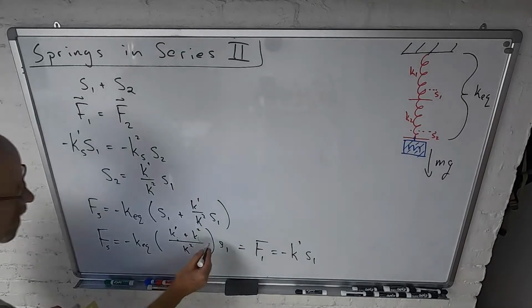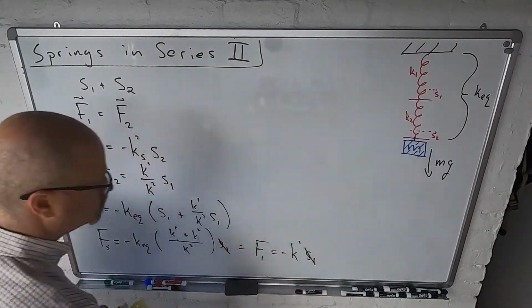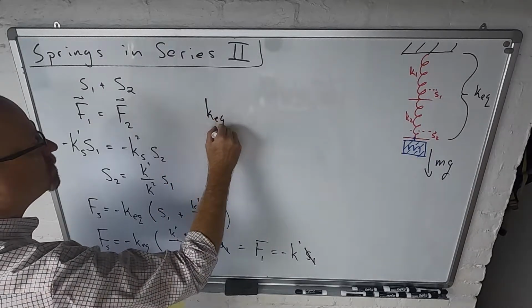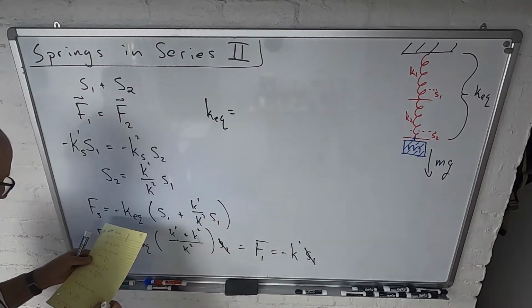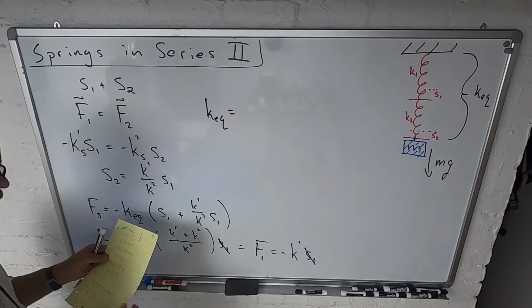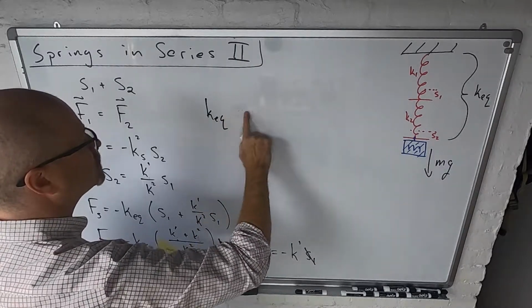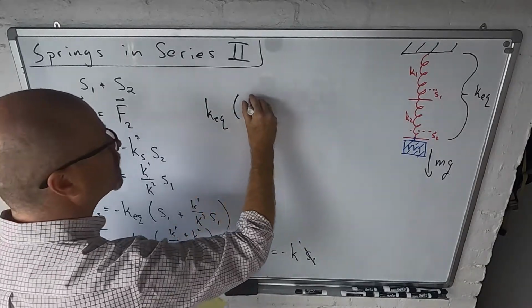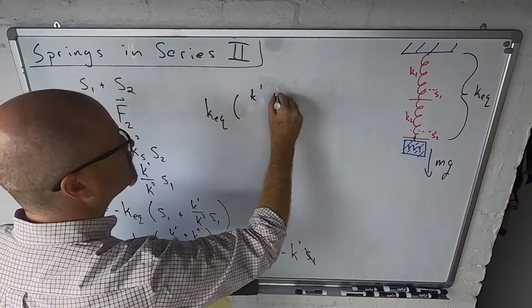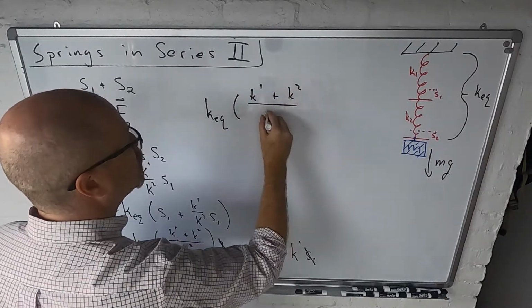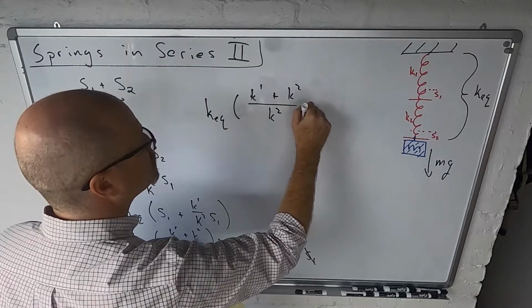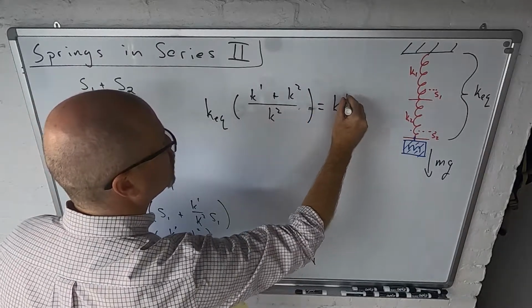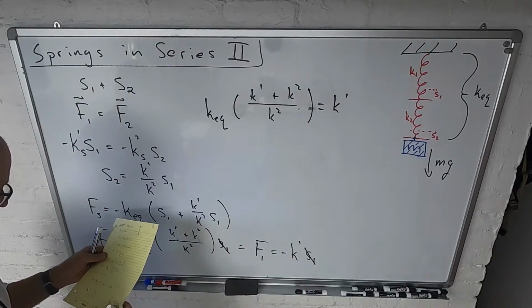Okay, so now I can get rid of my S1s, and now what I have is K equivalent times K1 plus K2 over K2 is equal to K1. I've dropped my minus signs, they're on both sides.